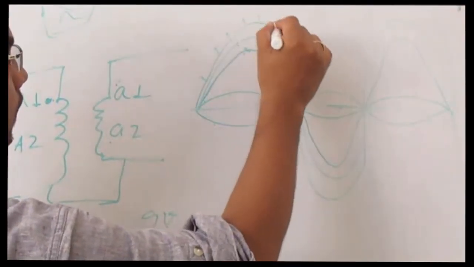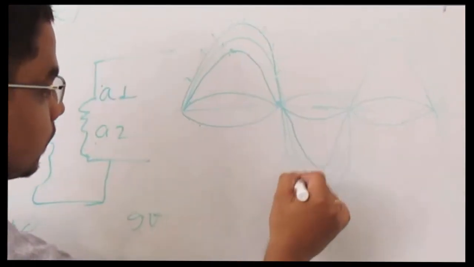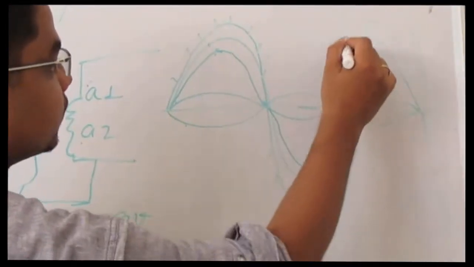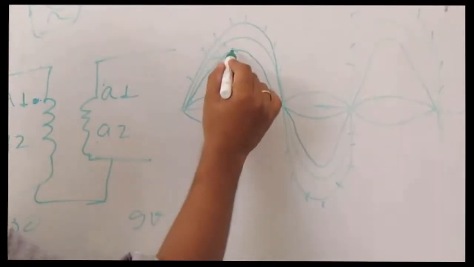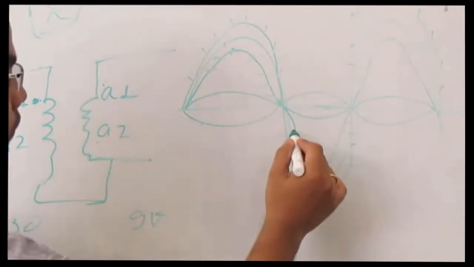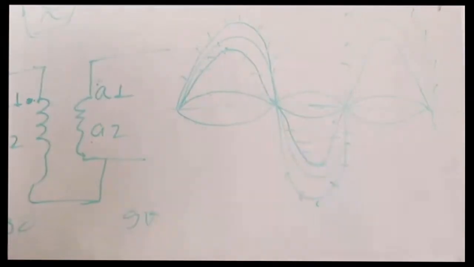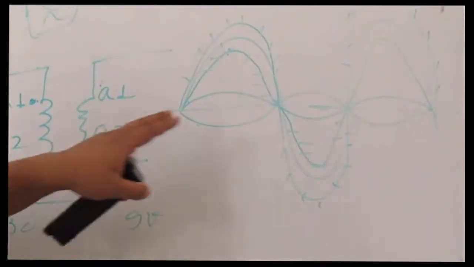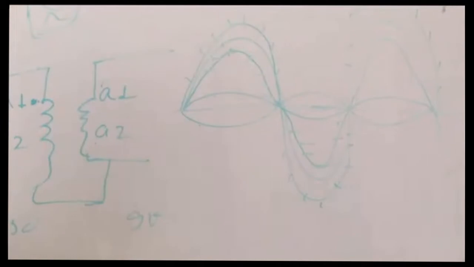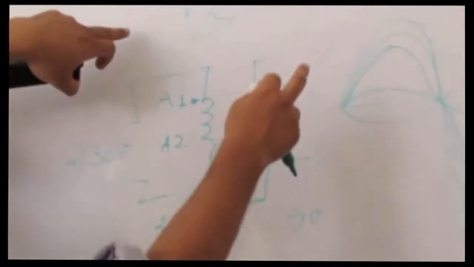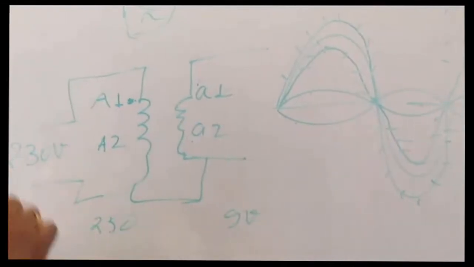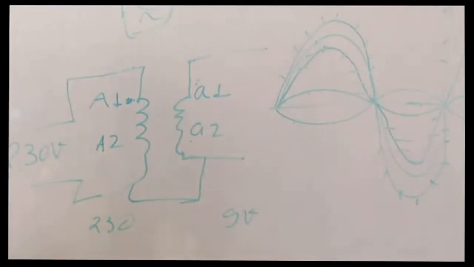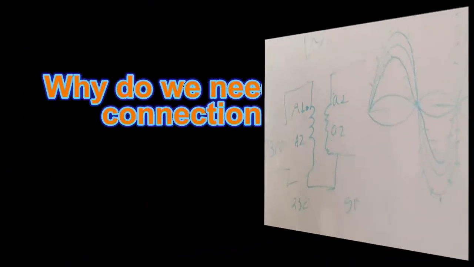So this is our case with opposite polarity and this one with same polarity. What we have observed here is that in case of opposite polarity, the potential drop will be more, and in case of same polarity, the potential drop will be less.